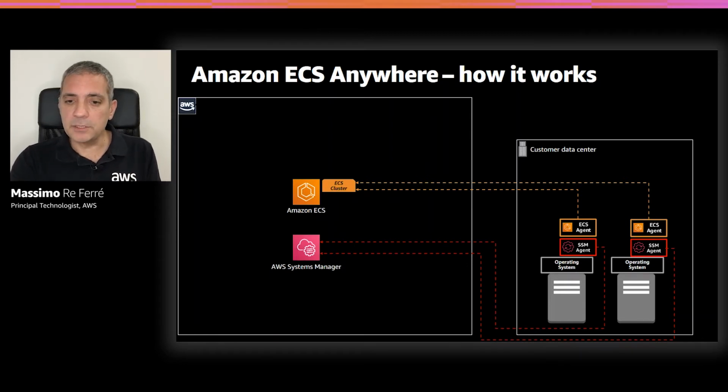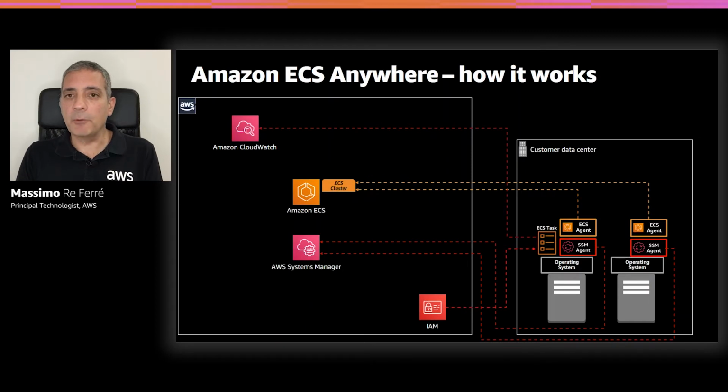Last but not least, this will allow you to deploy Amazon ECS workloads, for example, an ECS task, on this customer-managed infrastructure, maintaining all the capabilities of ECS native tasks, like, for example, talking back to AWS services and allowing customers to deploy applications that take advantage of that.